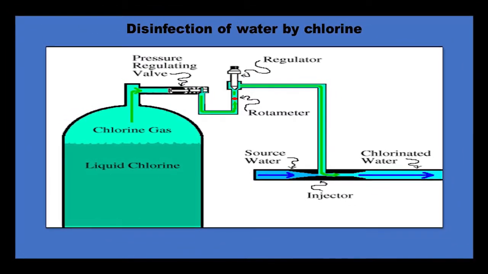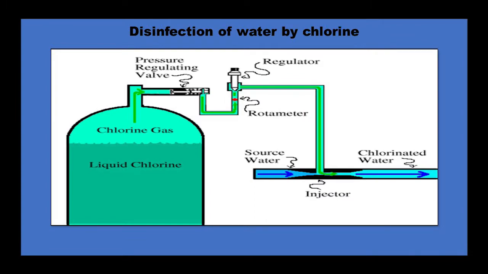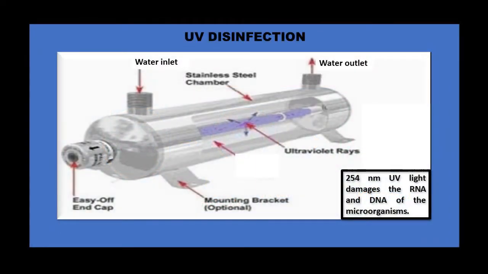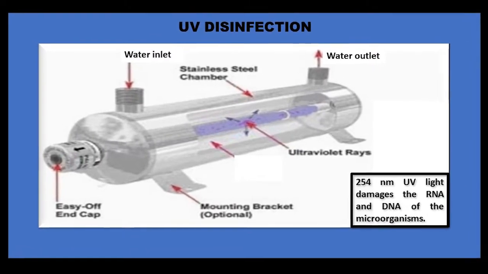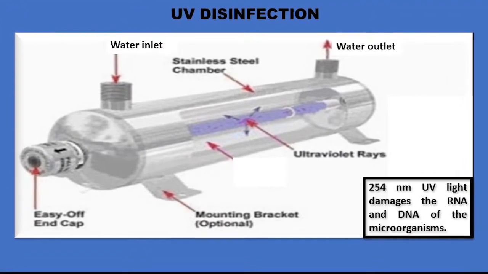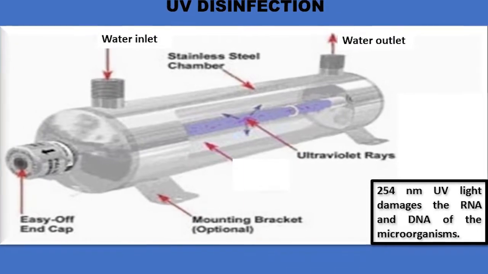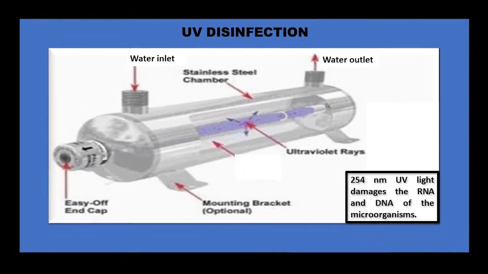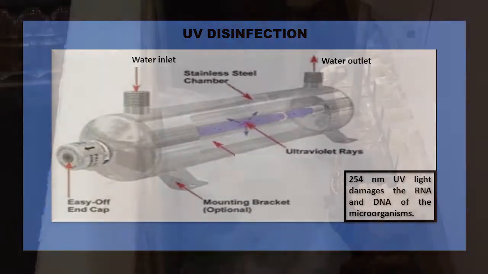Examples of chemical disinfectants are chlorine, chlorine dioxide, chloramine, hypochlorite or bleach, and ozone. Examples of physical disinfectants include ultraviolet light, electron radiation, and heat. Chlorine levels up to 4 milligrams per liter or 4 ppm are considered safe in drinking water.